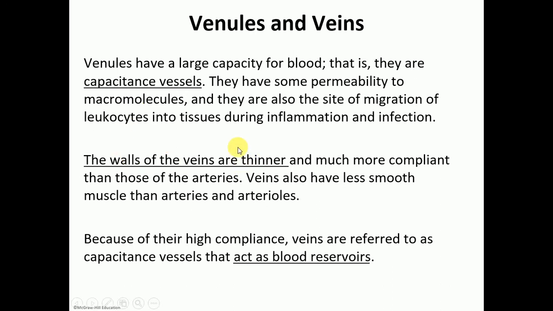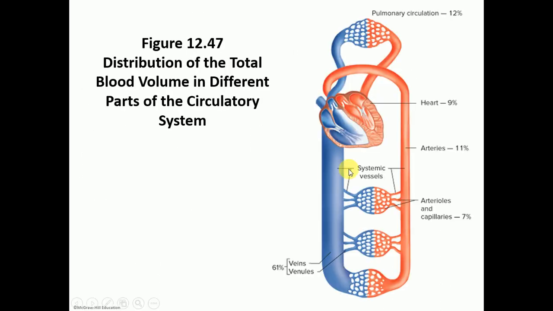The walls of the veins are much thinner than arteries, and because of the lesser amount of smooth muscle and elastic tissue, they're more compliant. And that again is why they act as blood reservoirs. You'll see here at rest that the blue end represents the venous circulation.